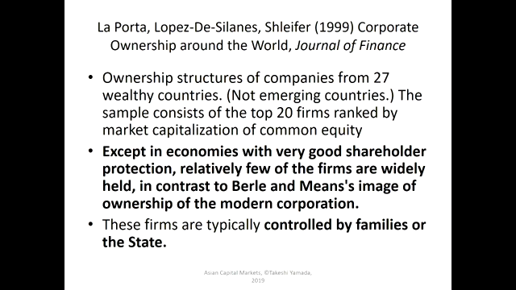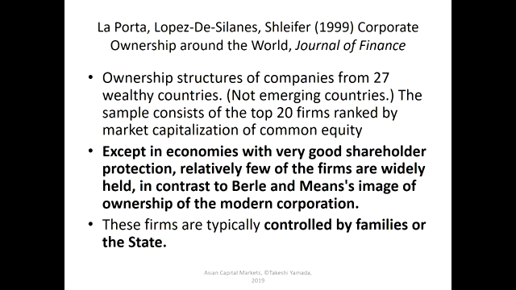Now, this is LLS, they don't have the V, but it's the same set of authors. Here it's written out, La Porta, Lopez-de-Silanes, this is the second author, and then Shleifer. They published this paper, Corporate Ownership Around the World, in 1999, after they published the first paper in 1998.